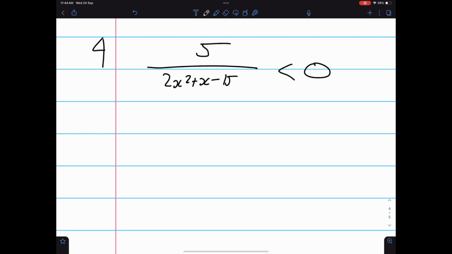Question 4. Find the range of values of x for which 5 over 2x squared plus x minus 15 is less than 0. Whew, okay.